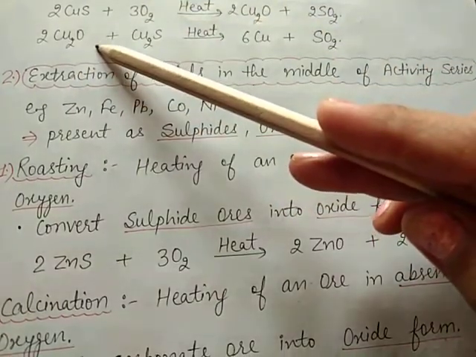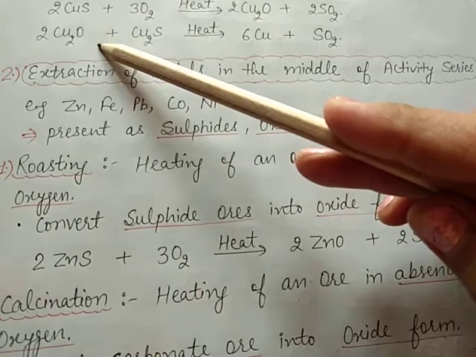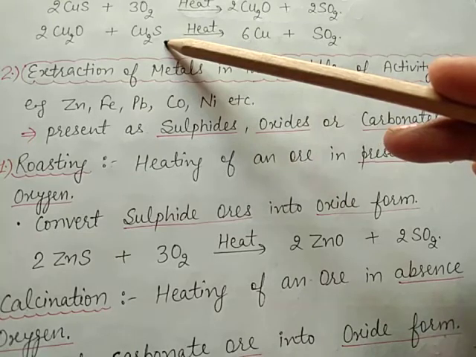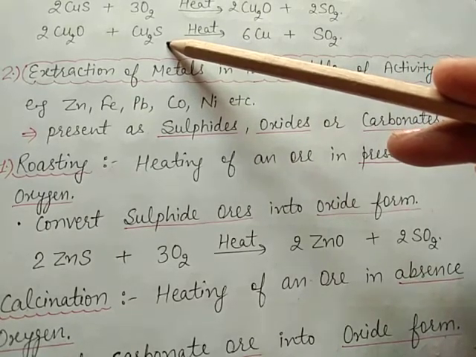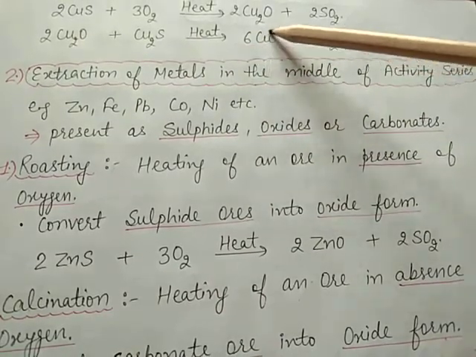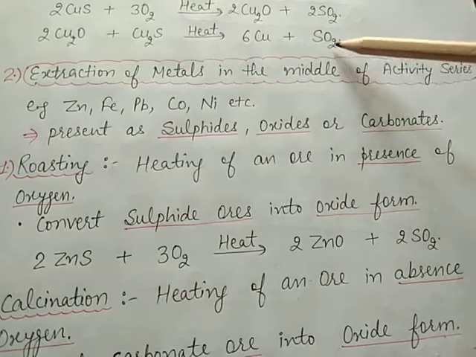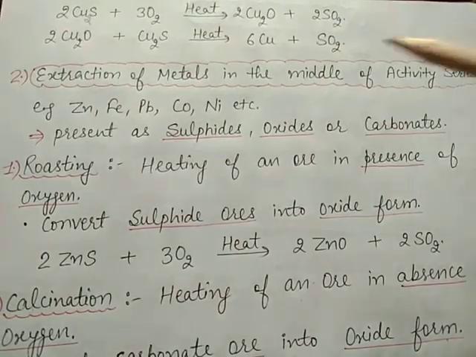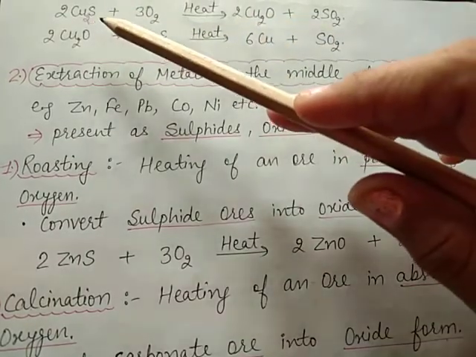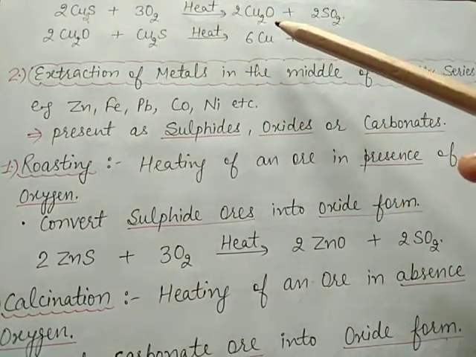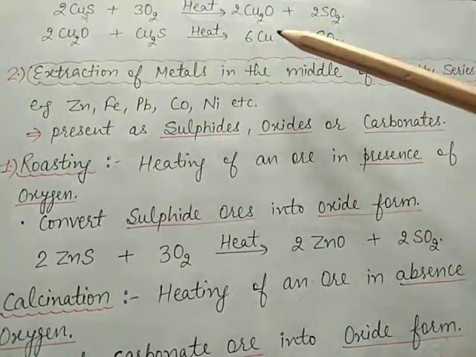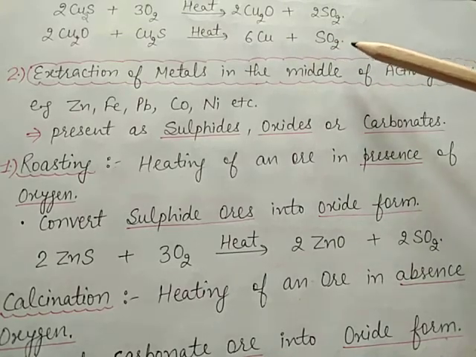This cuprous oxide reacts with cuprous sulfide. After heating, it will convert into copper plus SO2. Here copper is the metal. This cuprous sulfide first changes into cuprous oxide and after both react with each other, it will form copper, and SO2 gas is released.